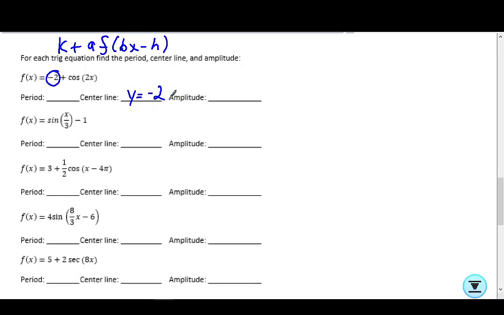Next, this 2 right here, that's my B. So that's telling me I have a change in my period, horizontal stretch or compression. So my new period is going to be 2 pi over B, and since B is 2, it's 2 pi over 2. So my new period is pi.